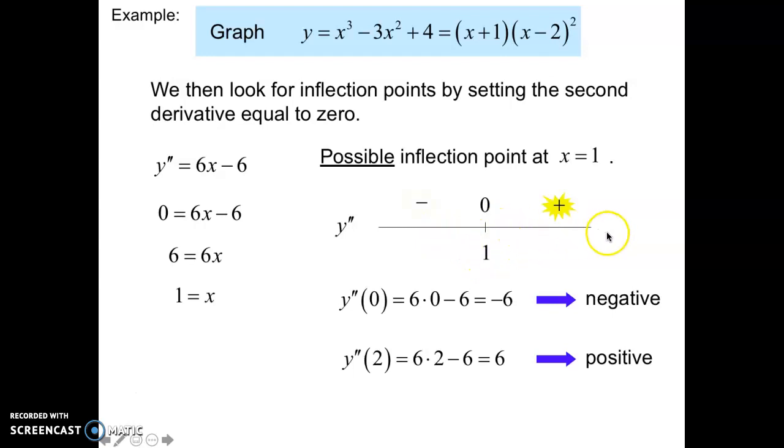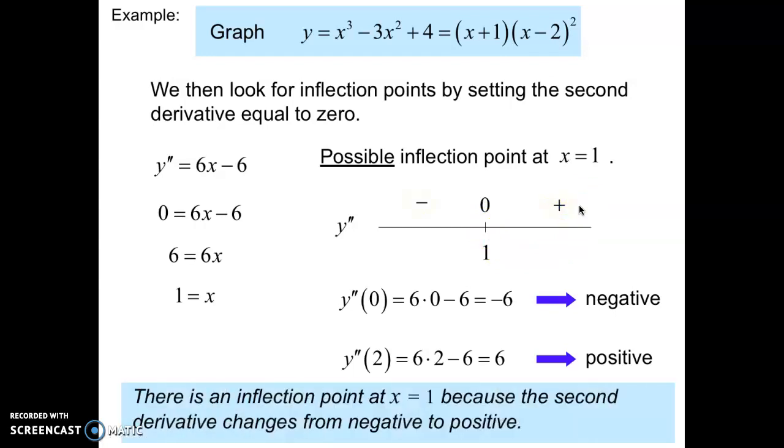And then from 1 to infinity, the curve has a positive second derivative. So that means my curve is concave up. So my curve was concave down until I reach 1, then concave up after 1. Therefore, x equals 1 must be a point of inflection.